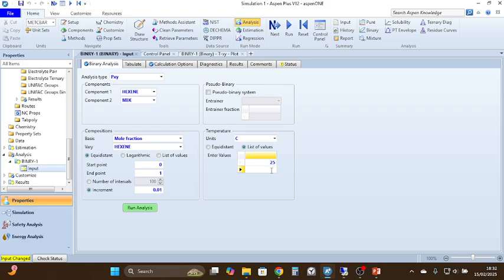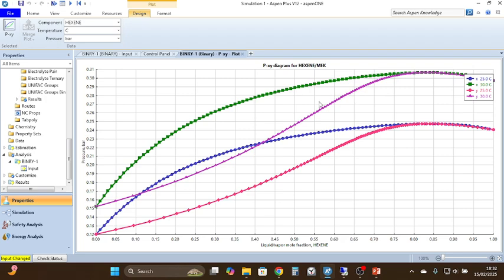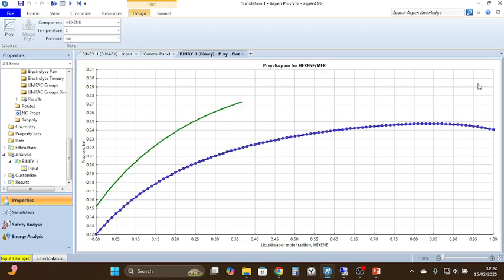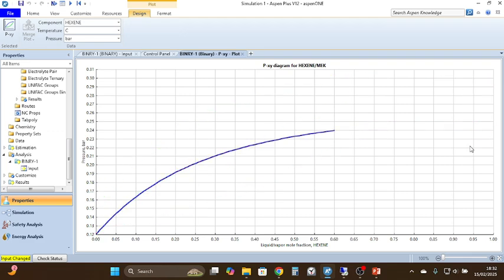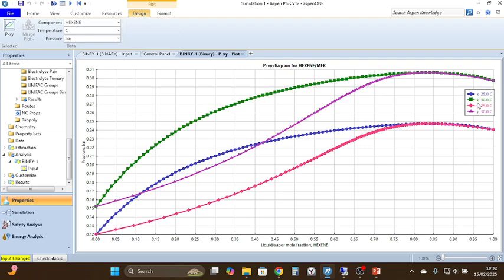If you want another temperature, let's say 30, you can add it over here, and then you can run the analysis. So over here you can see that two graphs are generated, and the legends indicate the mole fraction in the liquid phase and the mole fraction in the vapor phase for hexene at the two different temperatures, that is 25 and 30 degrees Celsius, plotted over here.